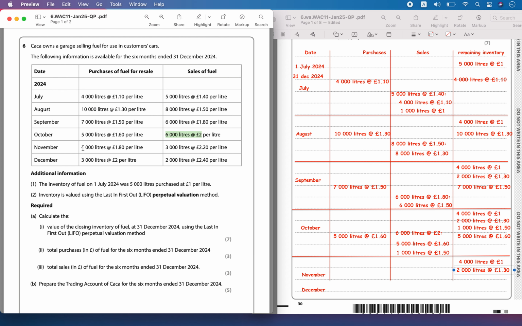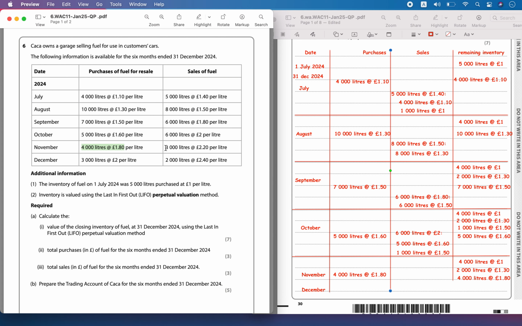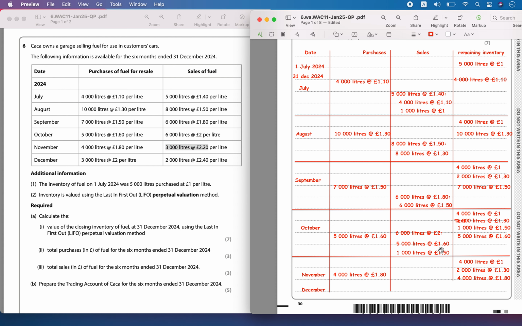Now in the month of November I purchased 4,180 liters. So let's put that and slide it in. In the same month sales have to be made, 3,220 liters.